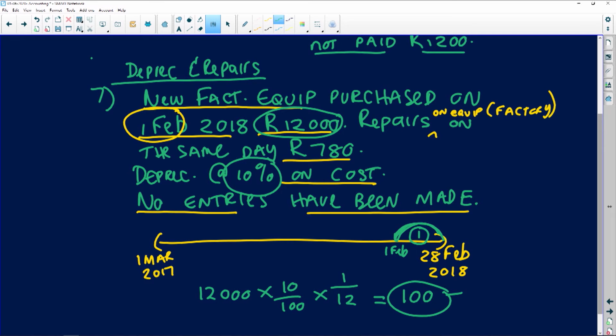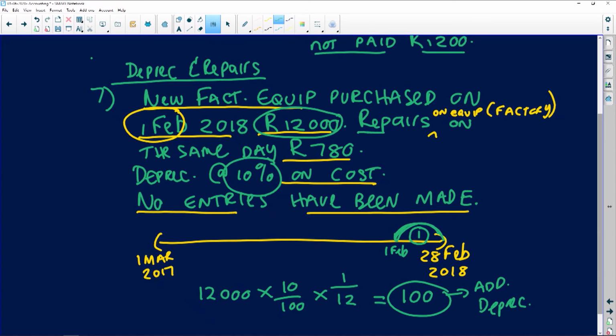Okay, so that is my additional depreciation that I need to show in my production cost statement. Now the repairs, remember guys, repairs on the same day on factory equipment, 780, has nothing to do with depreciation. But the repairs, however, needs to also be shown as an additional expense.